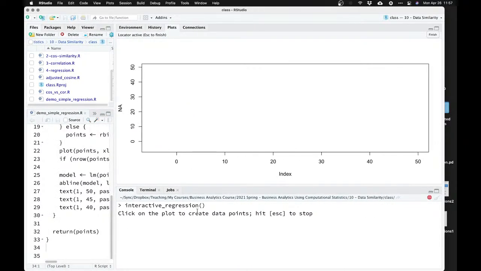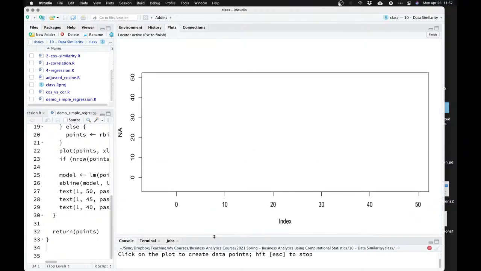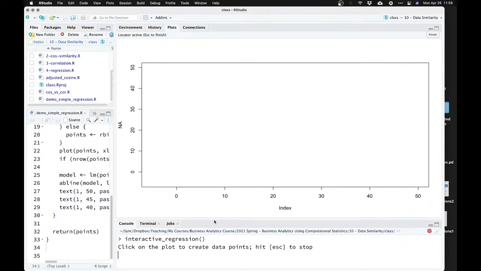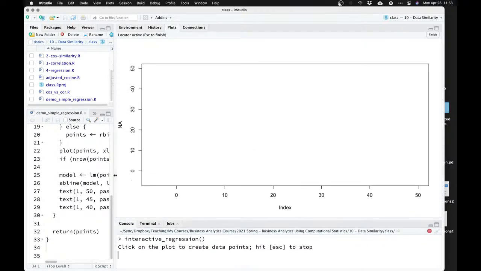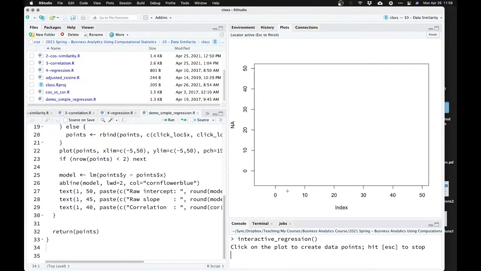This will be the second question of your homework. When you run this function, you will get an empty plot on the screen. This is the fun part now. You use your mouse cursor and you can start plotting points on the screen. And it will give you some information.